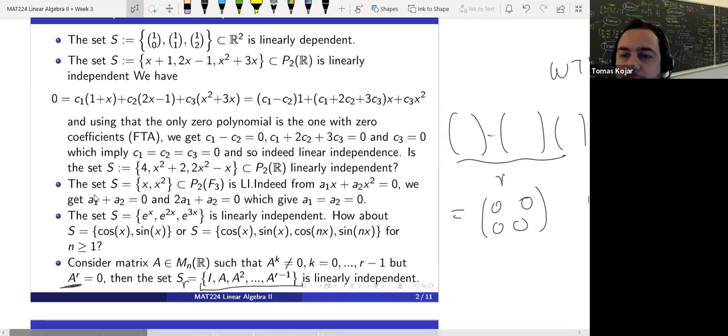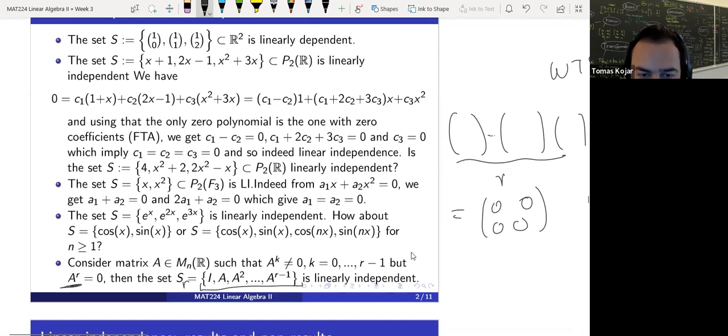Yeah, you work. Why AR minus? Oh, this is by assumption. We assume that. So the question is, why is it not 0? This was our assumption that this R is the minimum, the minimum such that it's 0.